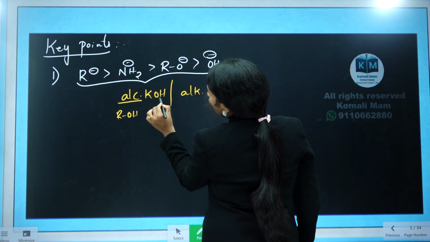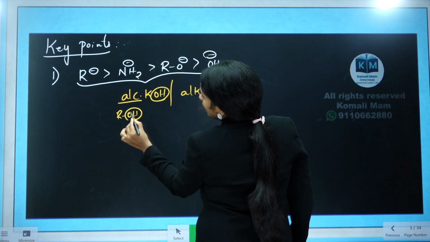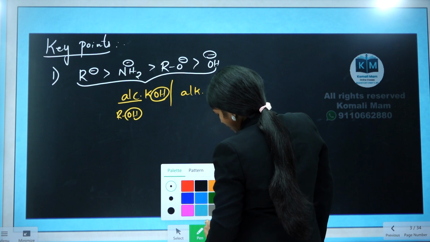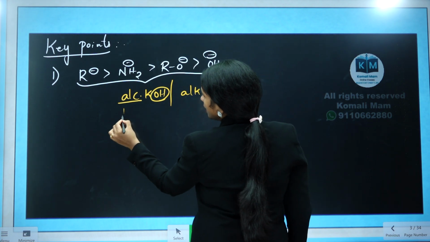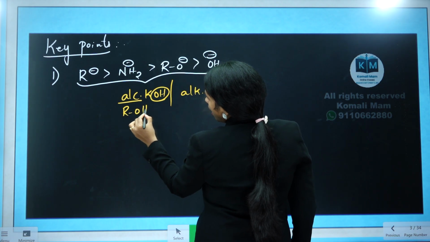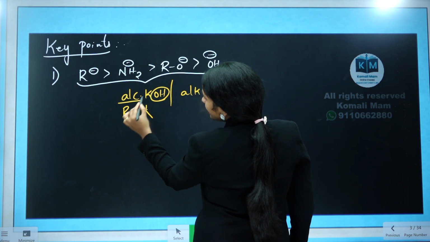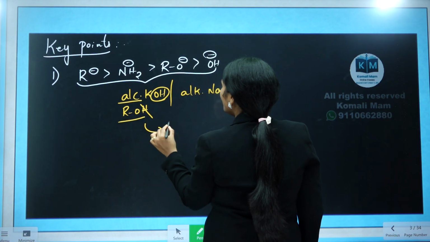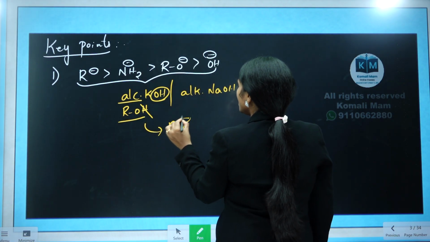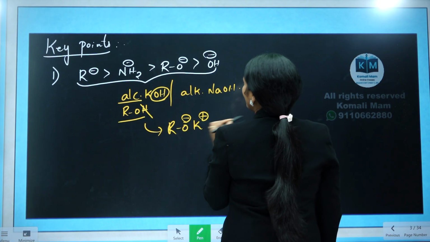So remove this OH and remove this H. What is your product? ROK, which is nothing but potassium alkoxide.